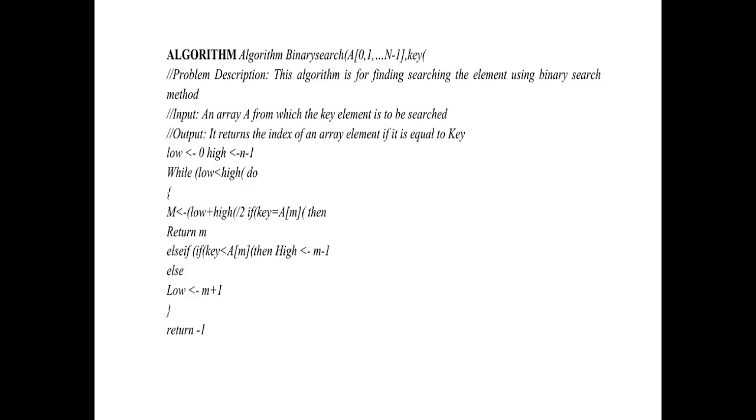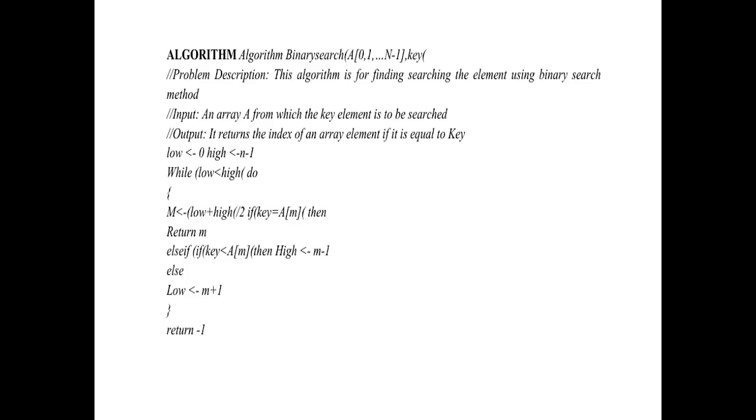First, we assign 0 to the low variable and n minus 1 to the high variable. If the low variable is less than or equal to the high variable, it will move into the loop. Here m is the median index, computed as low plus high divided by 2.